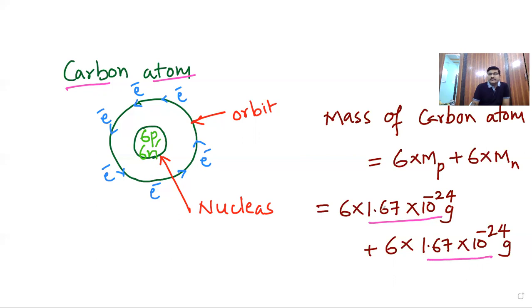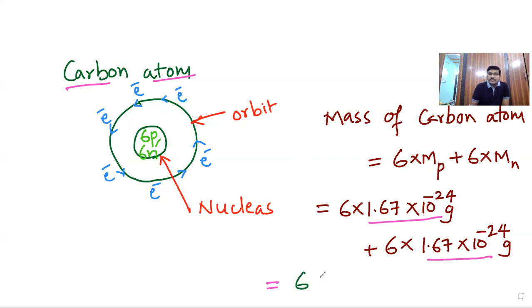Now, this is 6 into this one and 6 into this one. Clear? Now observe. This entire 1.67 into 10 to the power of minus 24 grams is known as 1 atomic mass unit.